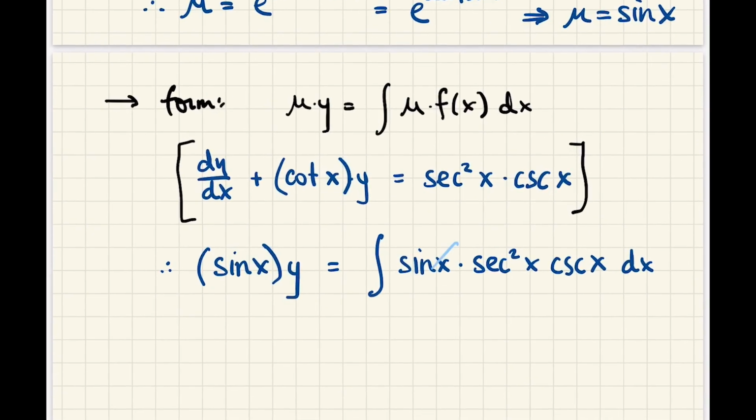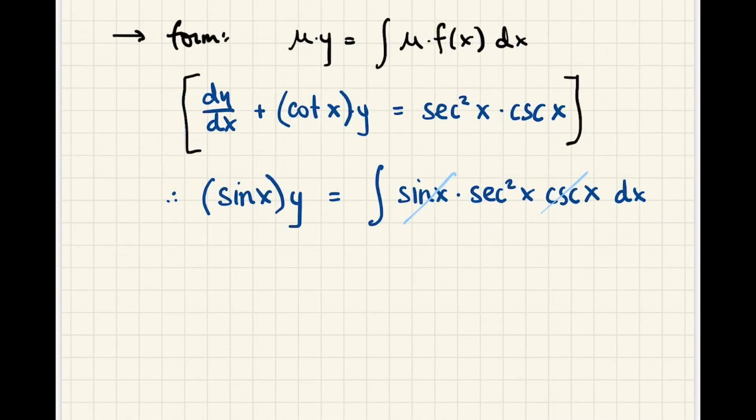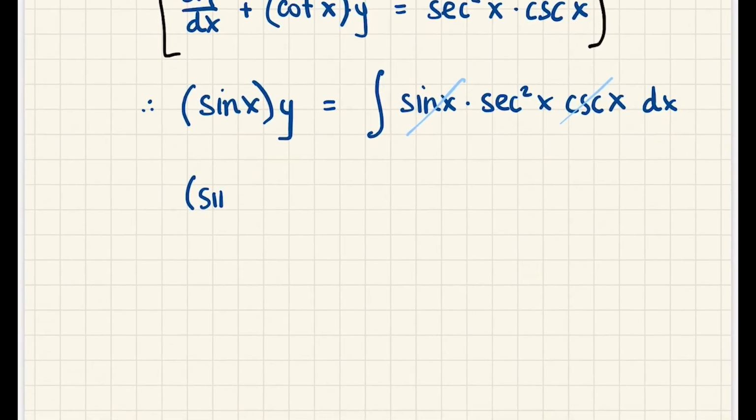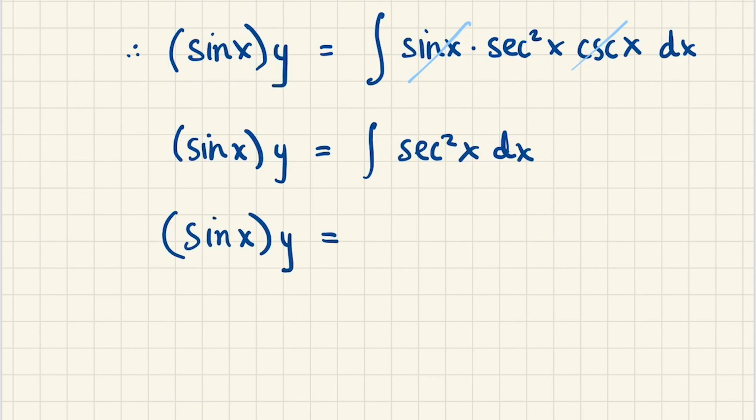Well, it's convenient that sine and cosecant cancel. So we have sine x multiplied by y is equal to antiderivative of secant squared x dx, which is, of course, tangent. So sine of x times y is tangent of x plus a constant.